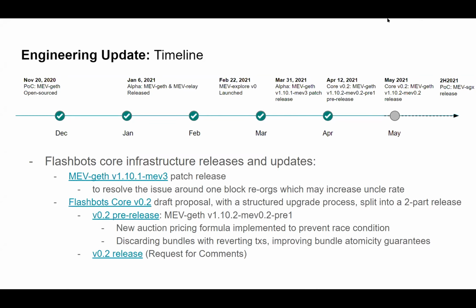Well, we proposed an upgrade process, which you'll be able to find on the discussion board under the V0.2 proposal, if you look at the Flashbots PM repo. This proposes essentially a process through which we collect feedback from the community, propose a spec, implement the reference implementation, as well as a formal specification for MEV-Geth.